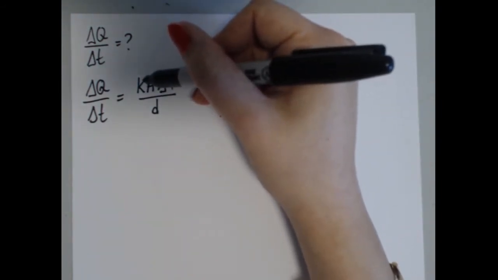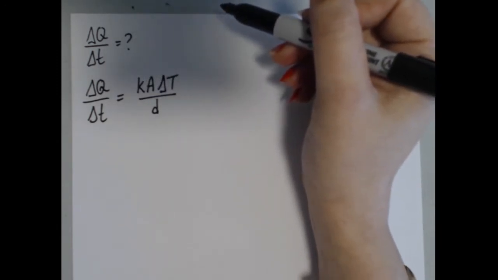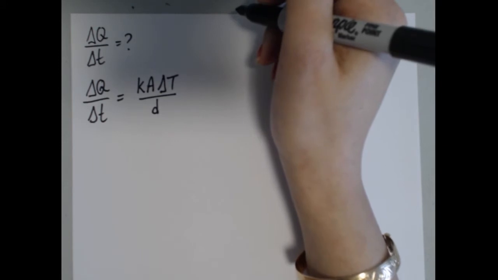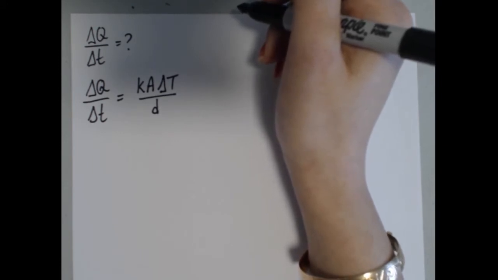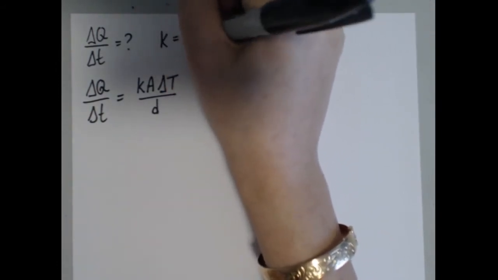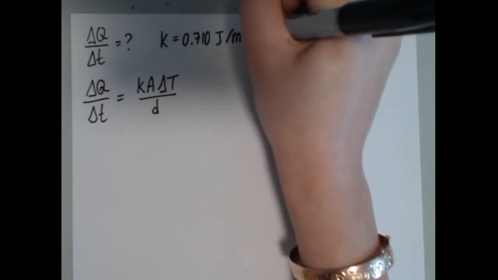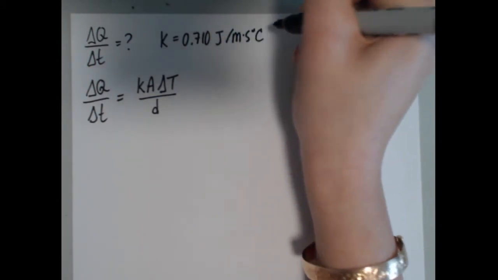For example, here we have brick. Glass would have a different ability to allow this heat energy to transmit compared to brick, which would be different compared to, let's say, lead. Every material will have its own value, which is why here we're given the K value of 0.710 joules per meter per second degrees Celsius.